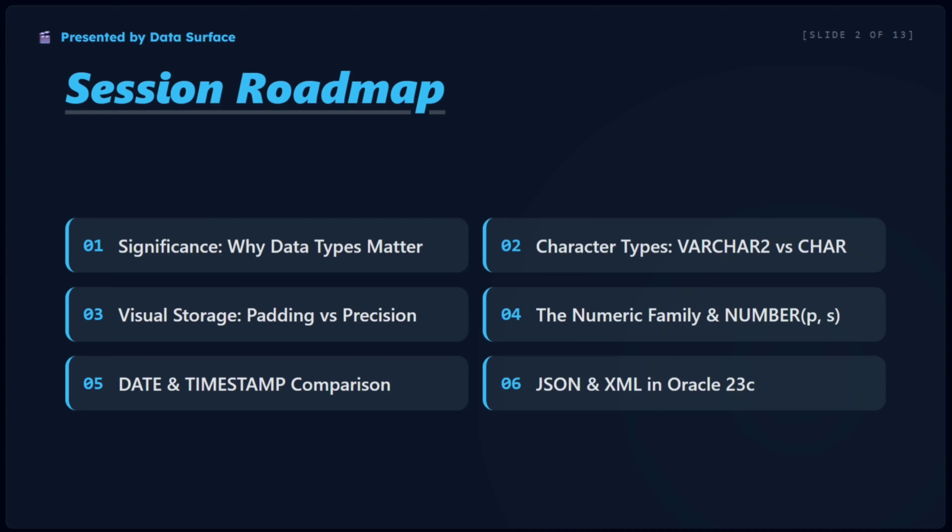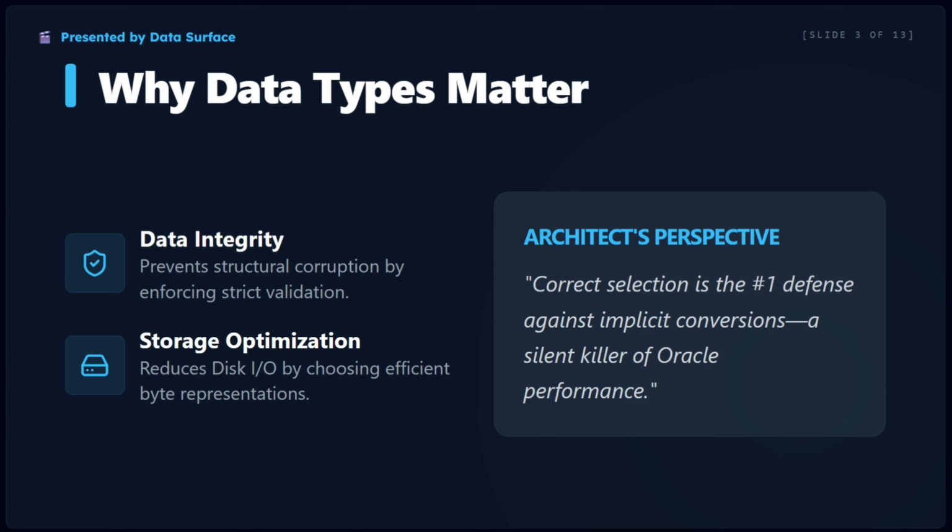And then finally, we'll take a quick look at JSON and XML in Oracle 23C. By the end, you will have a clear and easy understanding of Oracle SQL data types. Let's get started.